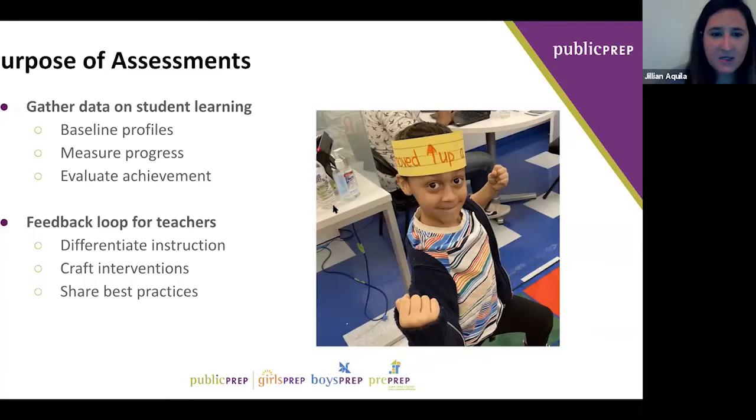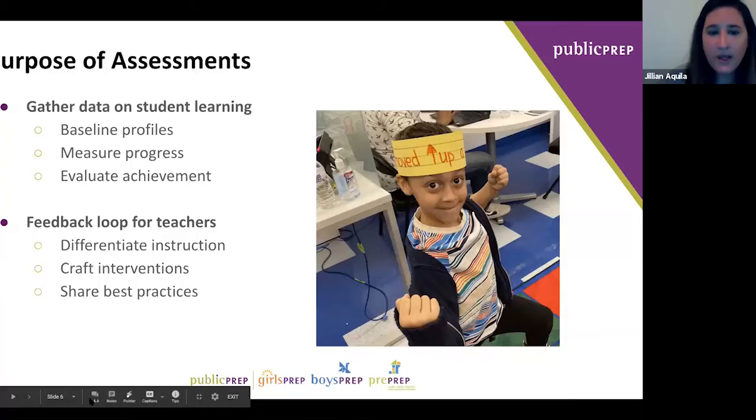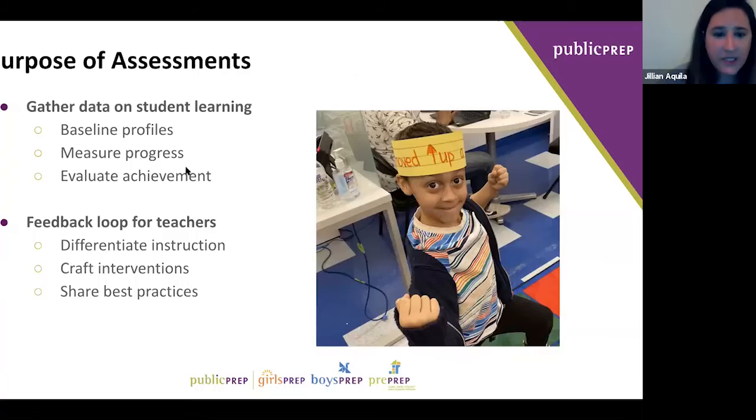As Libby mentioned before, our assessments play a really critical role for teachers. We want to make sure that teachers plan their instruction around students' needs, and that they're meeting each individual student where they are. They can't do that without having a clear data-driven understanding of kids' reading levels, math achievement, and writing ability.